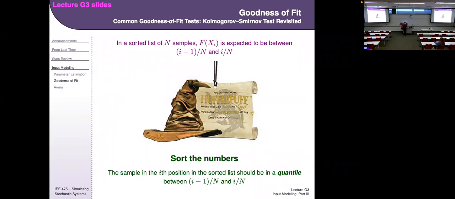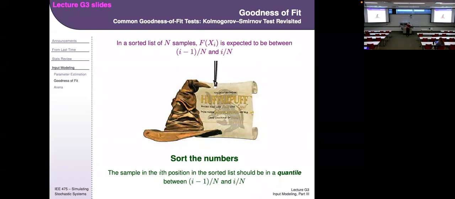I'll show an example of how to do this, but at a high level, how do we modify the KS test for any distribution? It's pretty easy. We sort all of our samples just like we did before the midterm. But then we take each one of the samples and run it through the CDF for our hypothetical distribution.